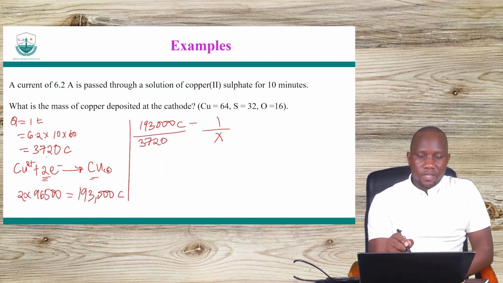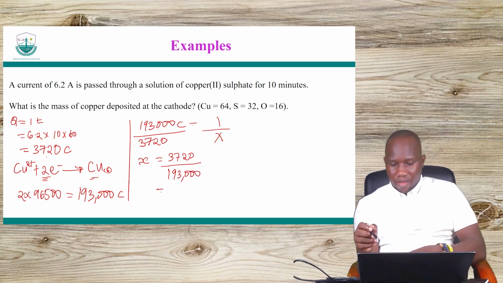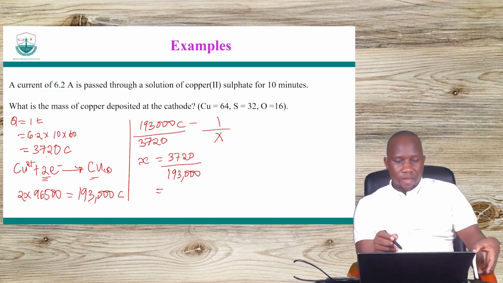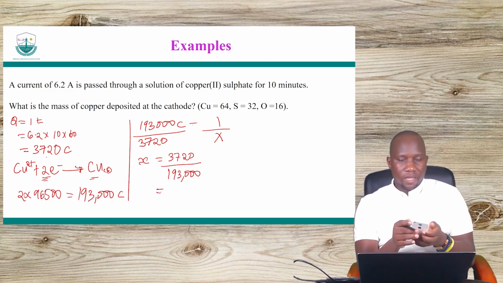So the moles will be equal to 3,720 divided by 193, with the 3 zeros.